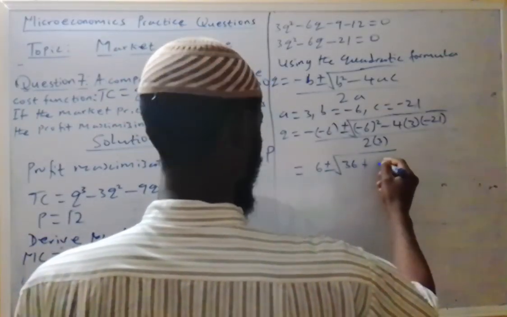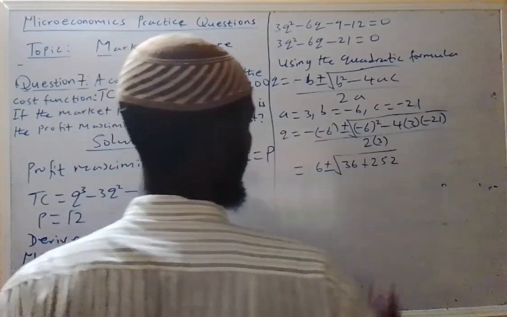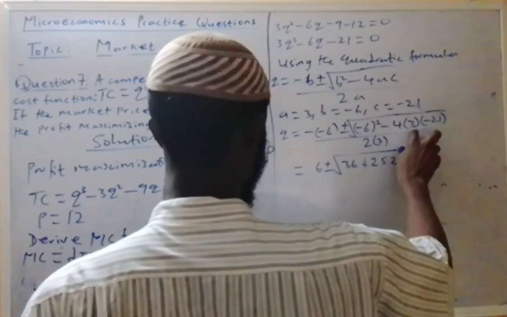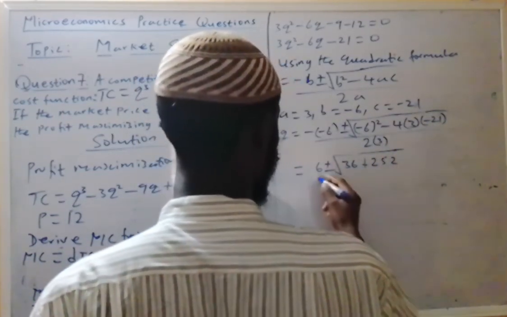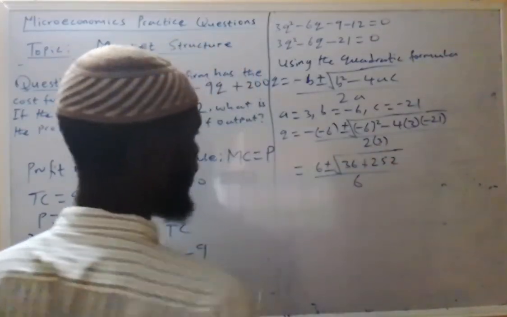Now this minus 4 multiplied by 3 is minus 12, then multiplied by minus 21, that is plus 252. Okay, then we have divided by 6, 2 times 3, that is 6.